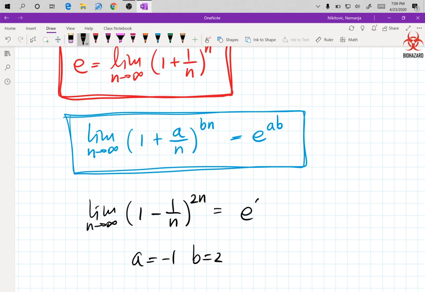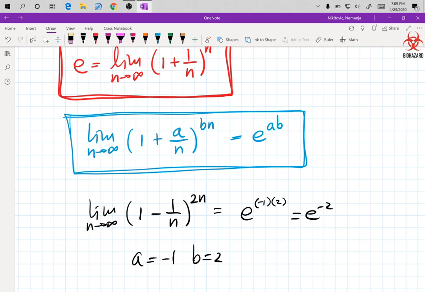So I have e to the negative 1 times 2, that's e to the negative 2. Just by looking at the problem, I haven't solved anything, right? I wrote the problem down and I have seen that in a spot where a sits, there is a negative 1. So I just looked at the problem and I immediately knew this.